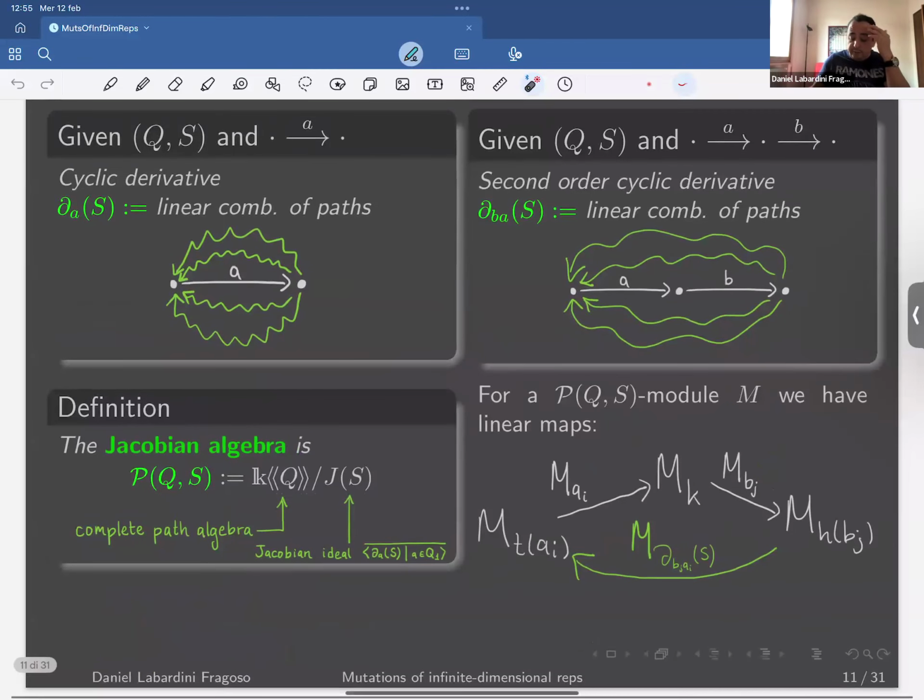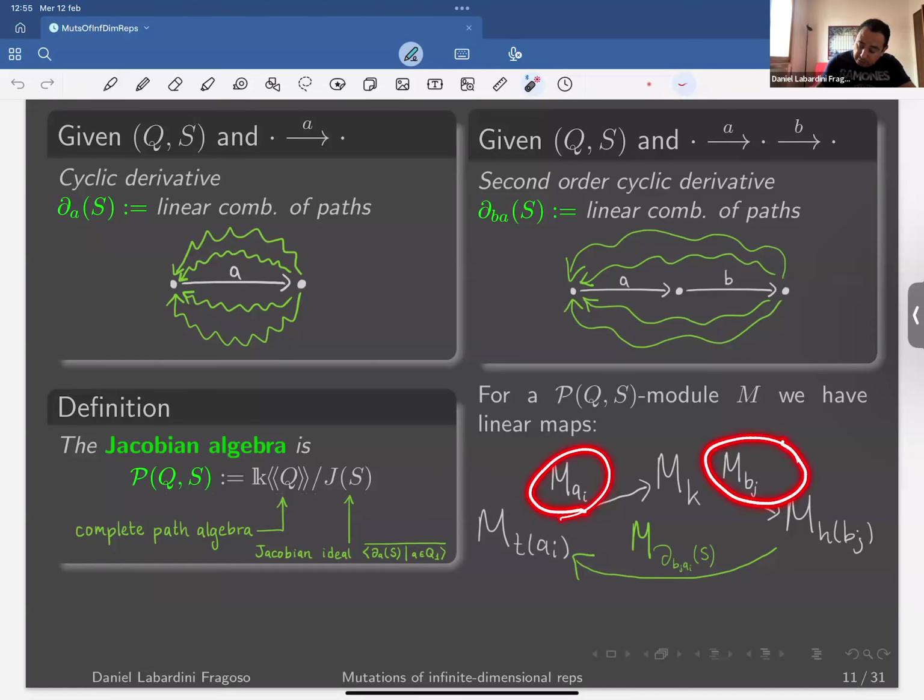Now, given any representation of Q, actually any module over the complete path algebra, but for simplicity, just take already a module over the Jacobian algebra, we have linear maps. Given such a path of length 2, we have, of course, the linear maps associated to such arrows.